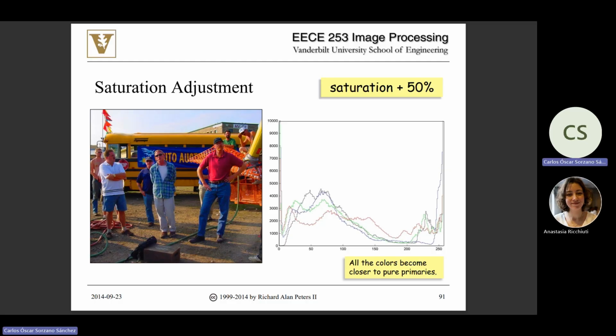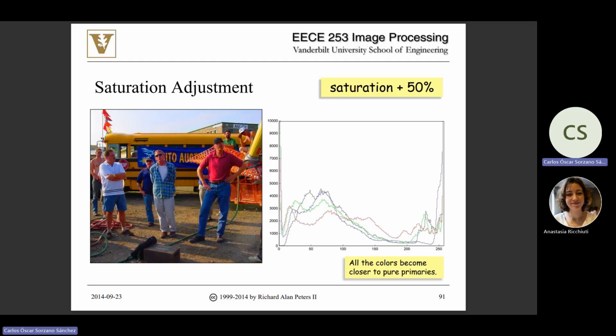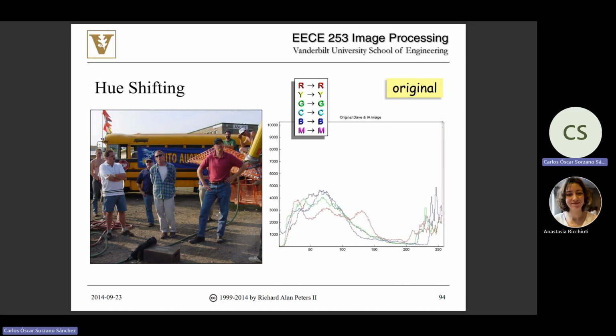Now all the channels have changed. Before, in the earlier transformation, only one channel changed, but because we are changing the saturation, all the channels change at the same time. So you can change the saturation, or you can play with the hue.